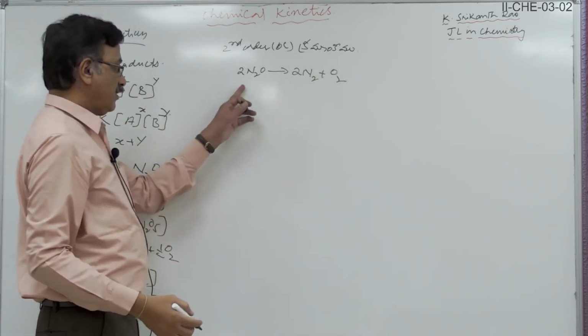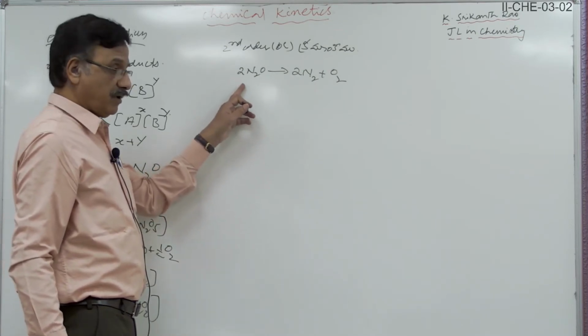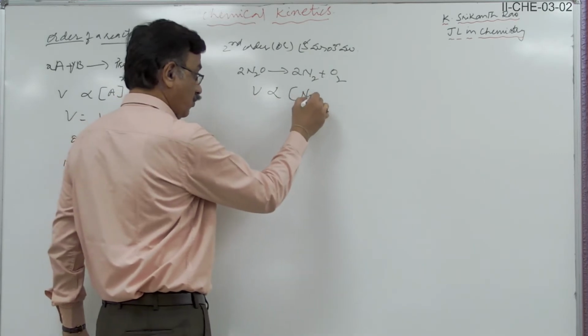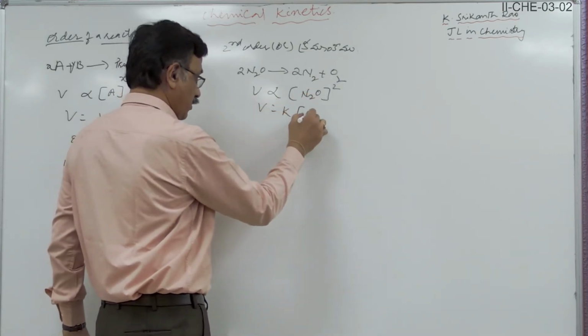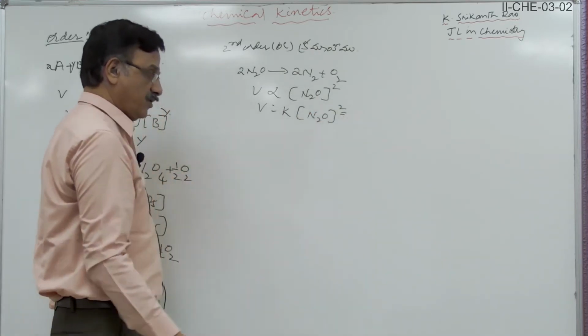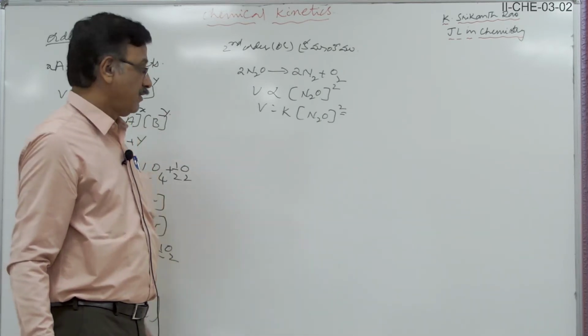This is a second order reaction, because the rate of the reaction depends upon the concentration term, that is, V is proportional to [N2O] to the power 2. So V equals K into [N2O] to the power 2. Here there is a 2, therefore the order of the reaction is 2.